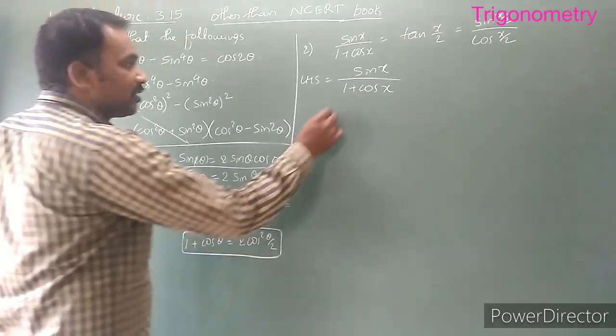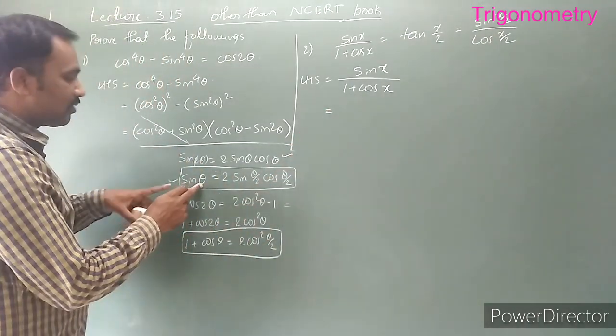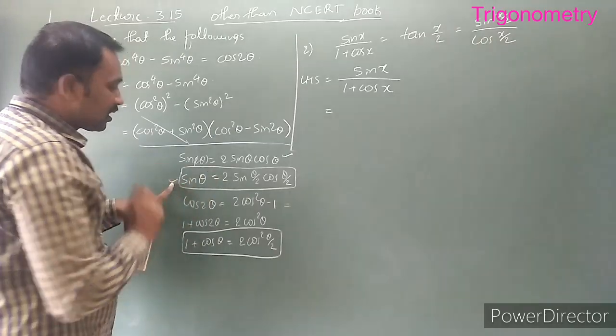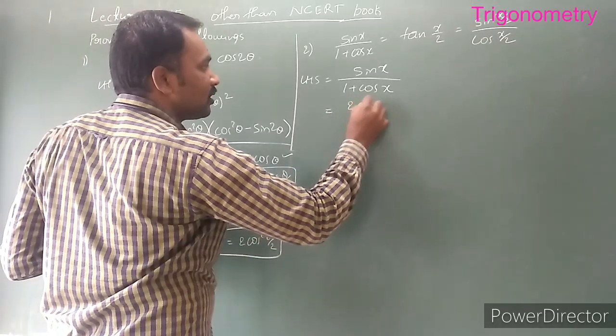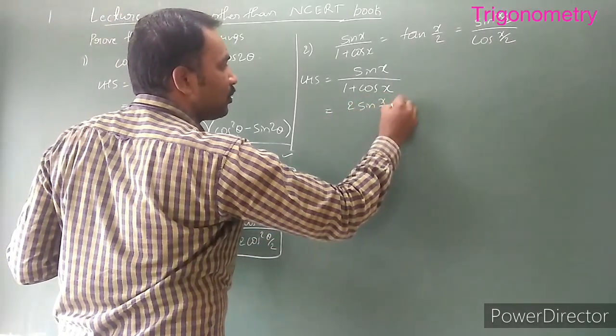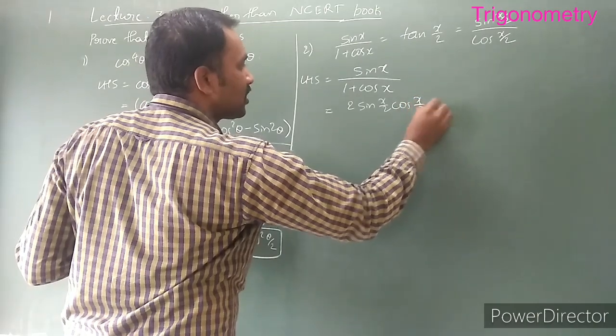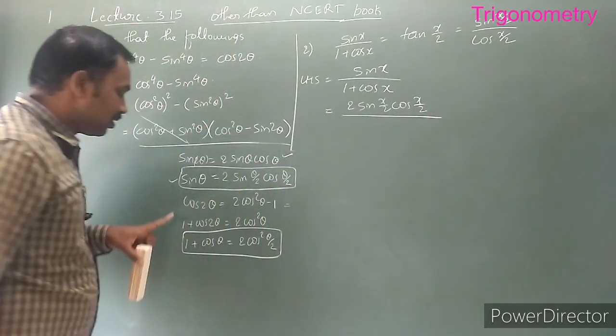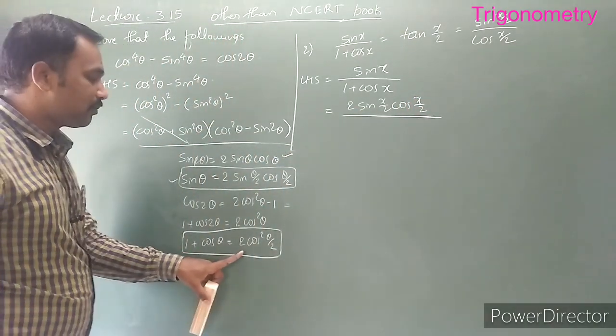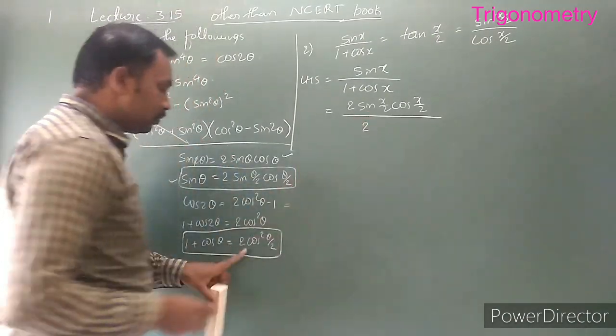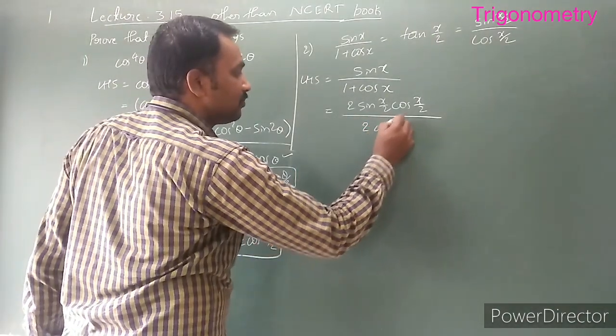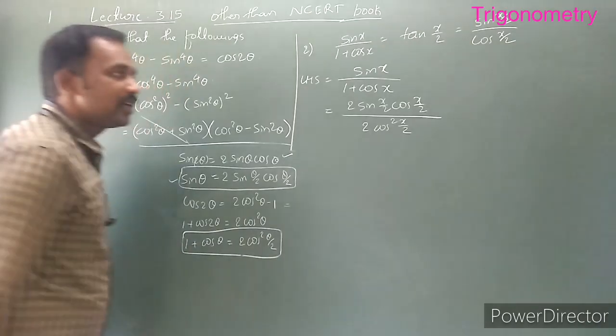Now what will we get? Sin x, in place of theta we can write x, is 2 sin of x by 2 into cos of x by 2, whole thing divided by 1 plus cos x, which can be replaced as 2 cos square x by 2.